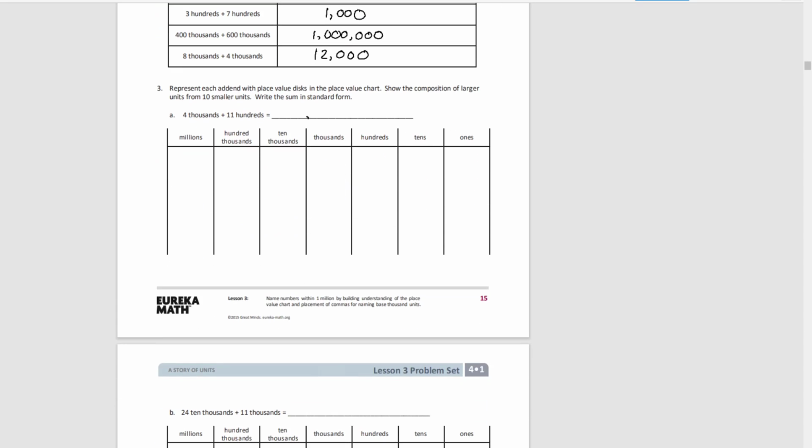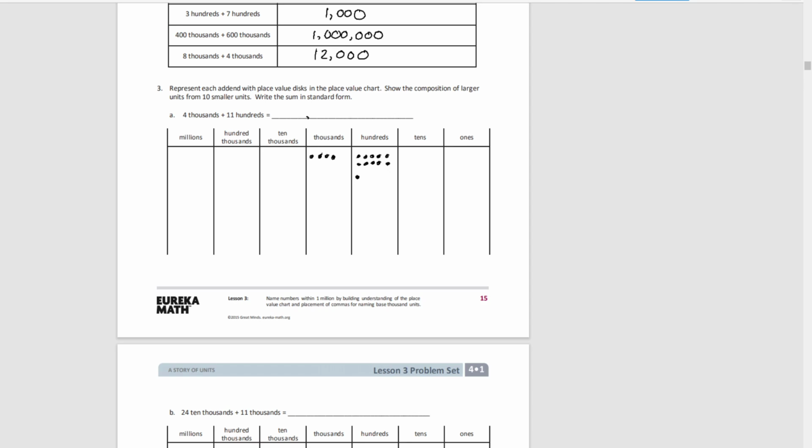Moving on to number 3. It says represent each addend with place value disks in the place value chart. Then show the comparison of the composition of larger units from 10 smaller units. Then write the sum in standard form. So let's start with 4,000s on our place value chart, then 11 hundreds, and again we're going to draw our dots in groups of 5 and keep them together if it's 10, and then the 1 extra to make 11.